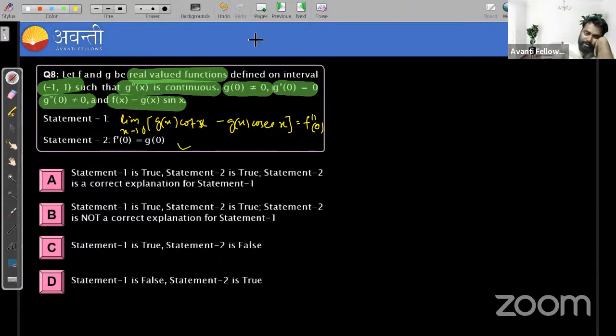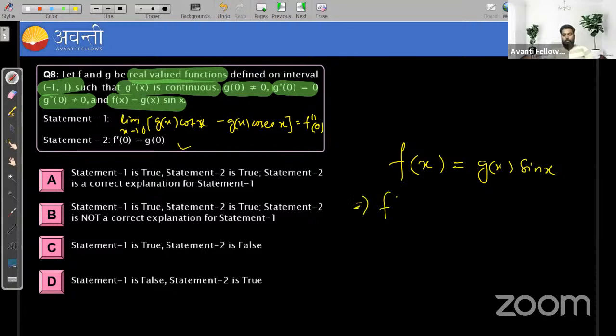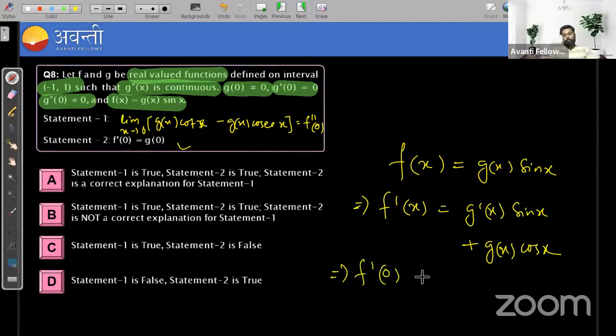So from the given question, we have the information that f of x is equal to g of x into sine of x, right? Okay, if you differentiate on both sides, what are you getting? You'll be getting f dash of x is equal to g dash of x into sine of x plus g of x into cos of x, right? If you take f dash of 0, then what are you getting?